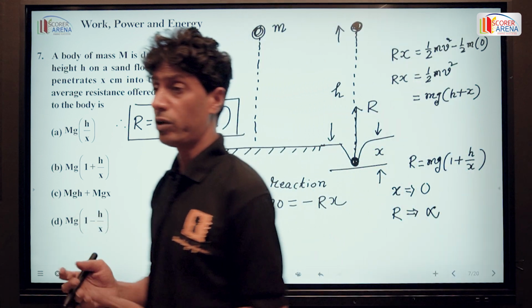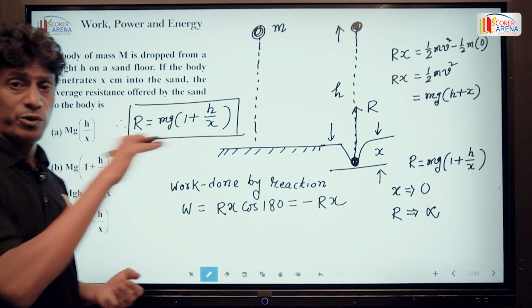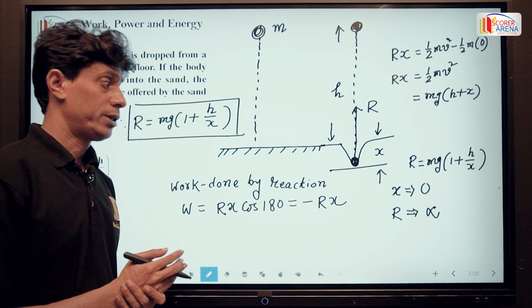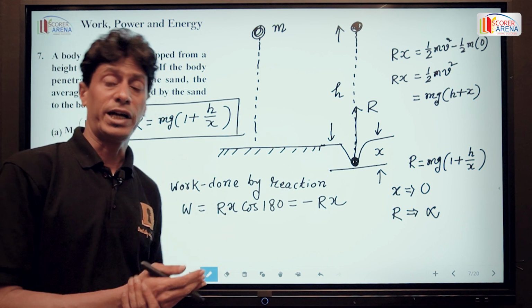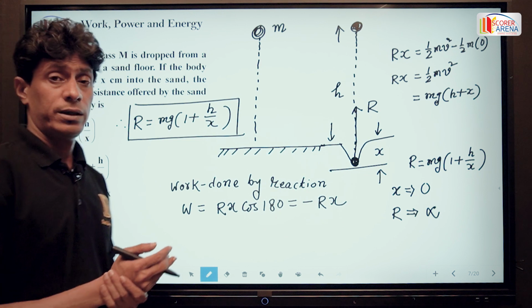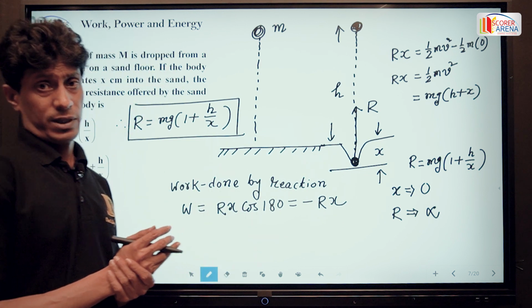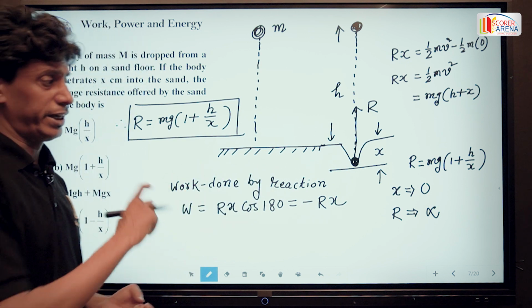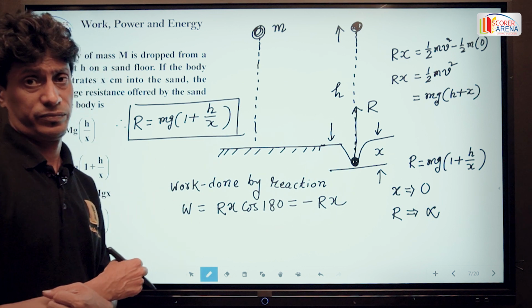So if any living body jumps over the concrete floor, infinite reaction will be provided by the ground on the body, and because of that, he or she feels an infinite reaction. Okay.